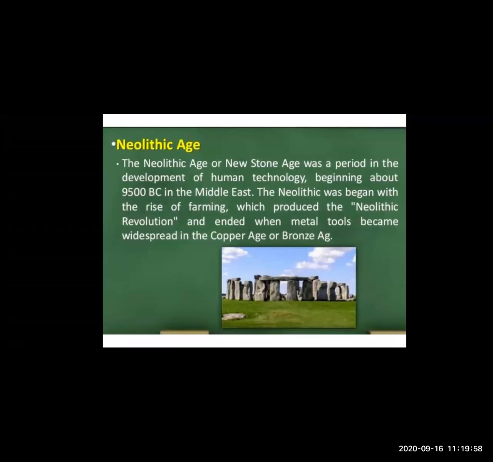The New Stone Age life was very different compared to the life of the Paleolithic and Mesolithic age. Why was it different? Because in the Neolithic age, people started to learn different types of new technologies.